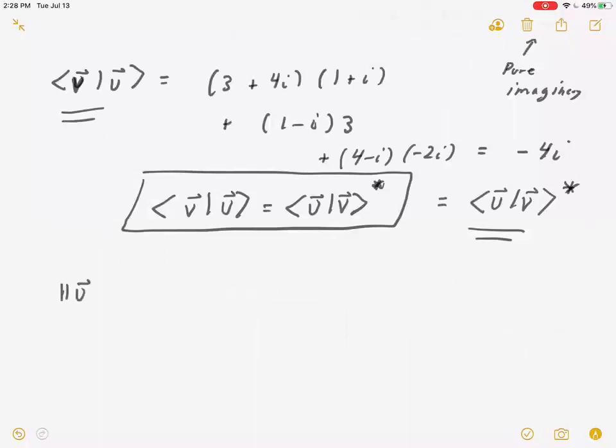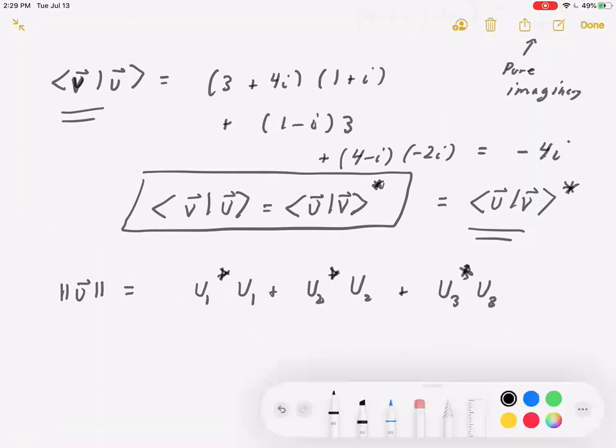Now, again, if everything holds through, you could calculate the norm, or length, or magnitude of U in this problem. And we know how to do that. Now we're getting comfortable with dealing with complex vectors. Sorry, that's not a 3.